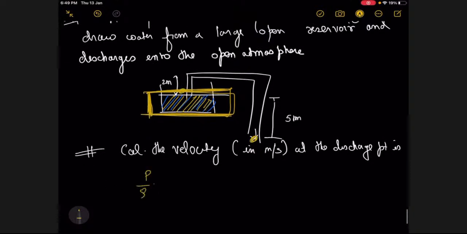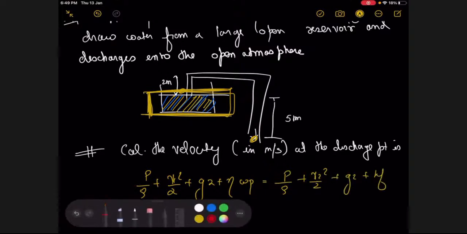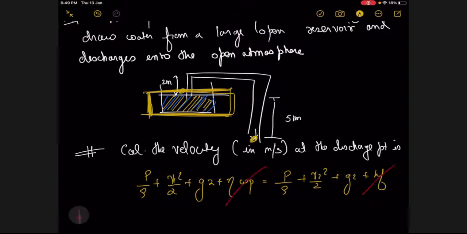So we have P by rho plus V1 square by 2 plus GZ plus NWP is equal to P by rho plus V2 square by 2 plus GZ plus HF. So no data regarding friction, no data regarding pump, and both are open to atmosphere. So this is cancelled.